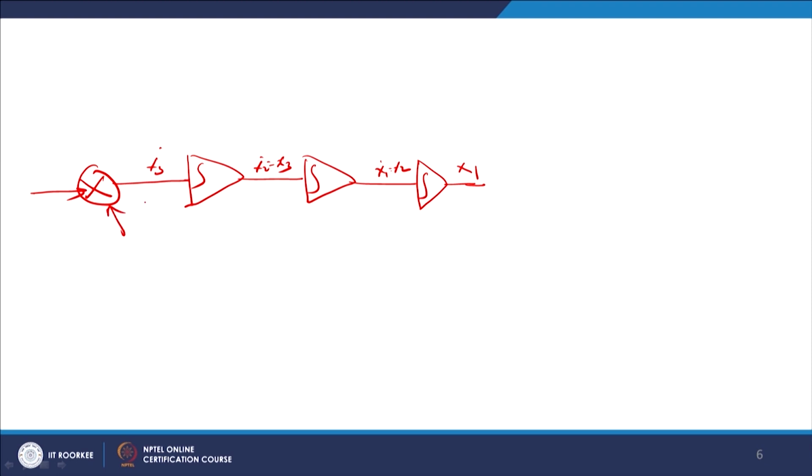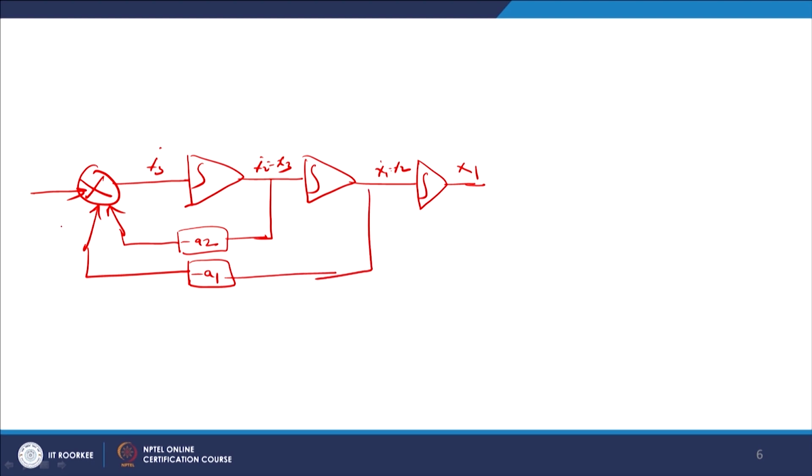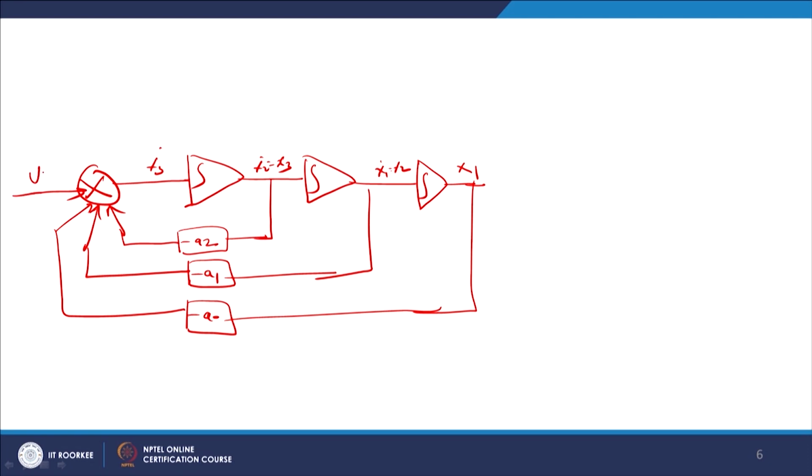We write minus a2, connect like this, then minus a1, then here minus a0, this is x1, and this is u. So this is the block diagram of only the denominator, but here the numerator is also involved.